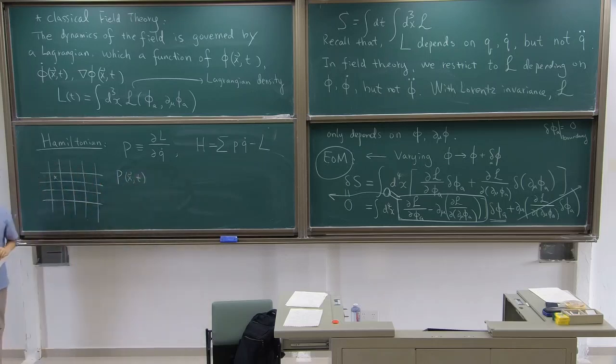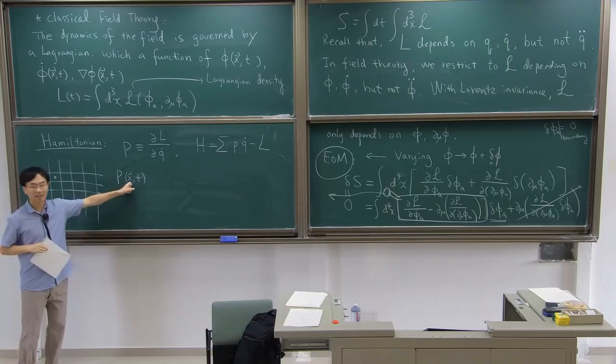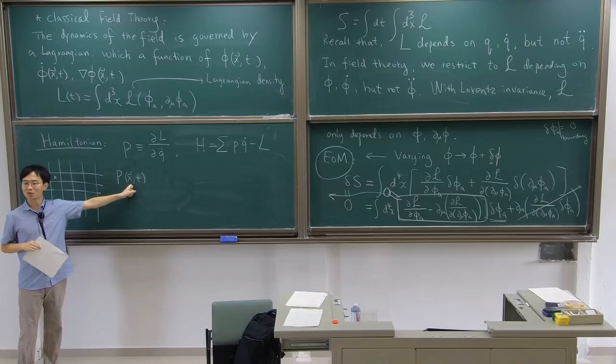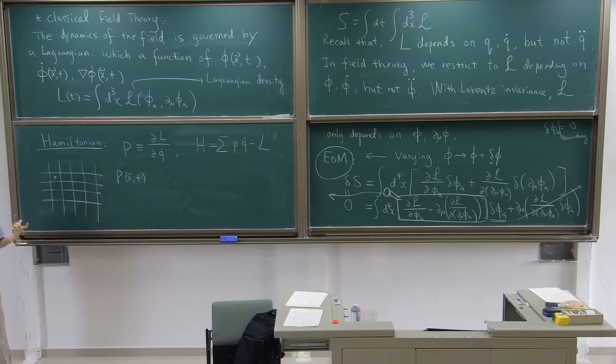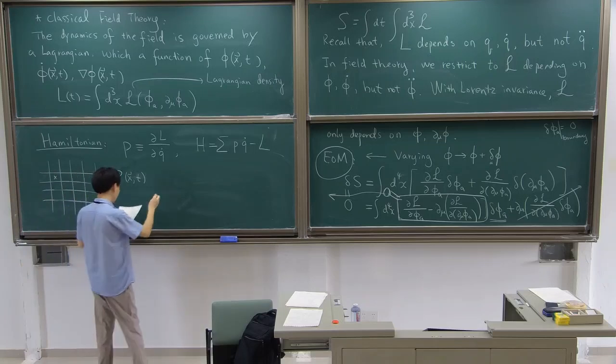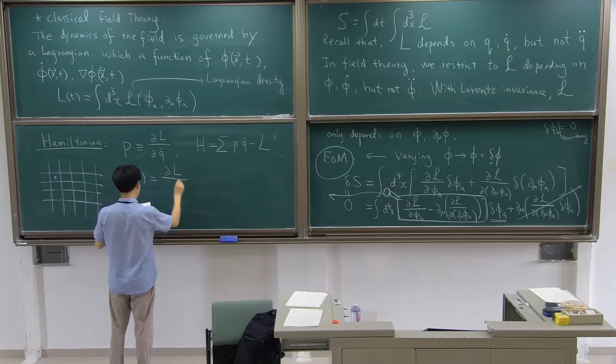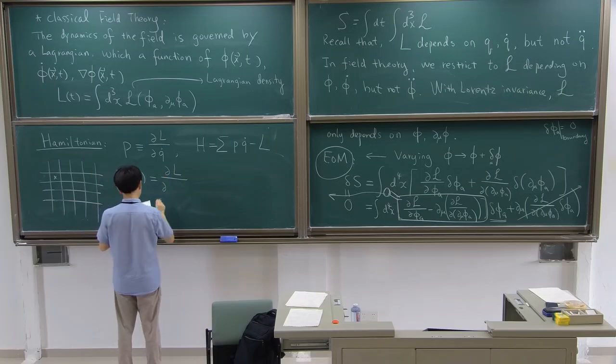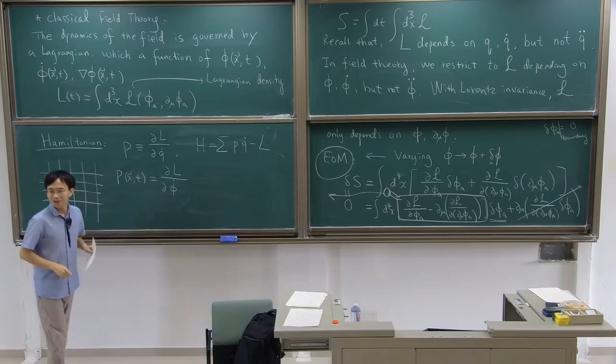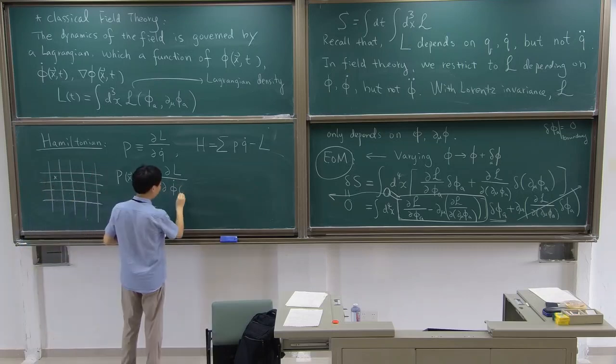Now I actually ask the question: I have a lattice system. What is the conjugate variable located at some particular x? Following this definition, it should be some Lagrangian with derivative with respect to phi dot. Which phi dot? Of course, the same x, the same point.